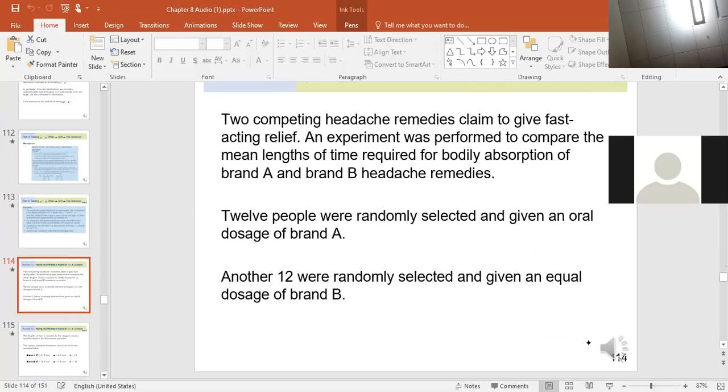So here, let's look at this example. Two competing headache remedies claim to give fast-acting relief.